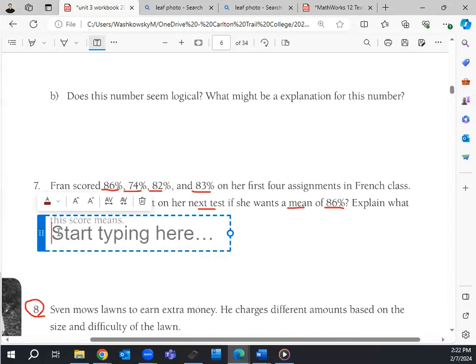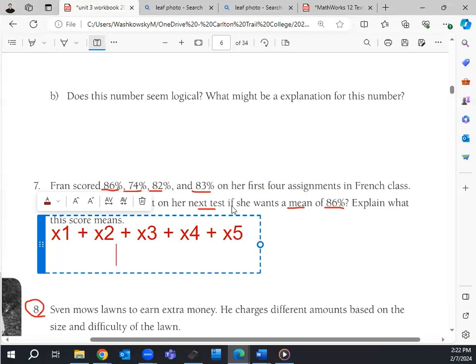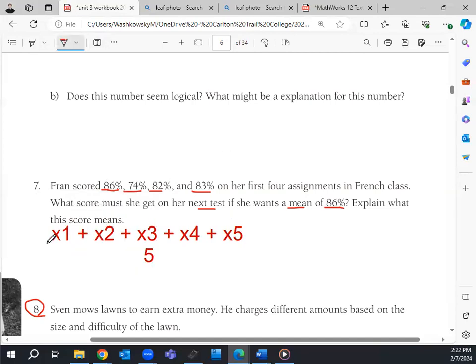So just like before, we add up test 1, test 2, test 3, test 4, test 5. Don't worry about the X's there. It's not an algebra problem. I didn't want to do 1, 2, 3, 4, 5. So we know that if we do this, these 5 numbers added up, divide by 5, we want to get at least an 86%.